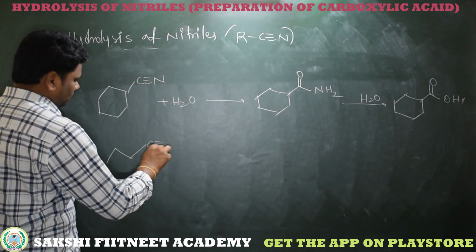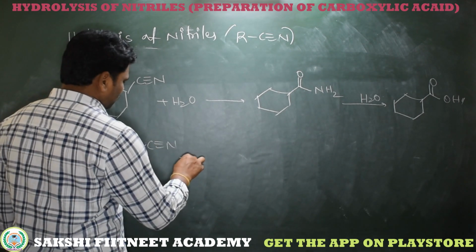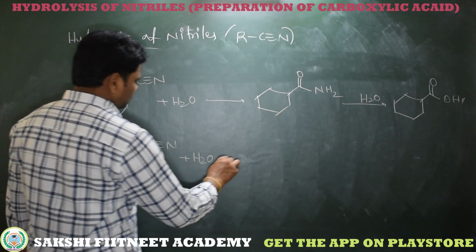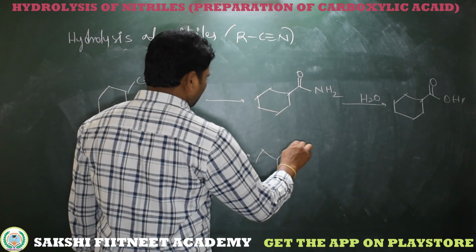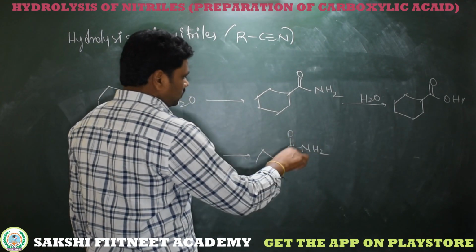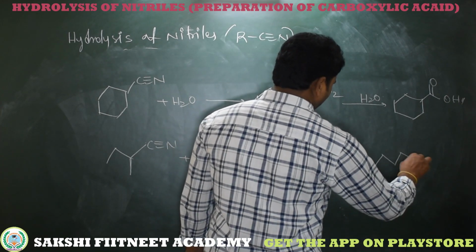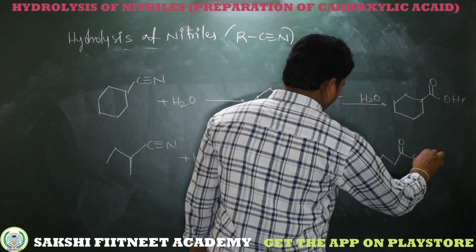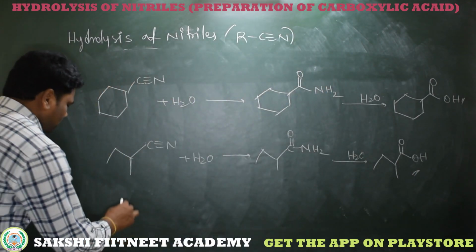I am taking another one. So this is a compound. On hydrolysis, you just focus on the functional part. This converts into amide. So what about this amide? On 1 more mole of water molecule, it converts into carboxylic acid.